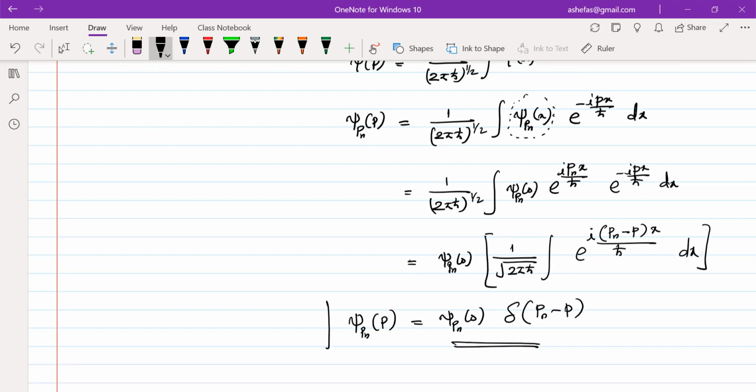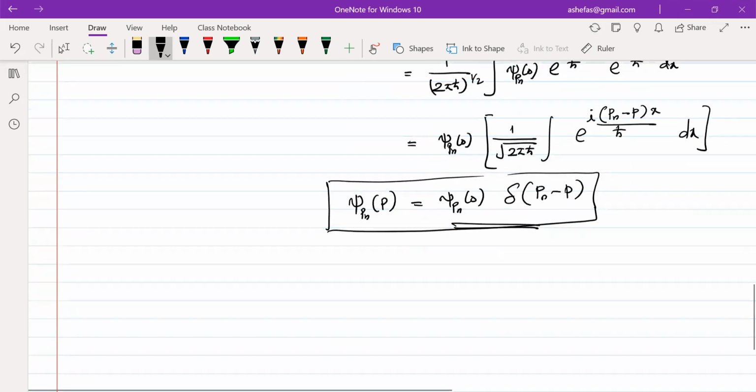So this is the representation of the momentum eigenfunction psi Pn of x in the momentum basis. It is a Dirac delta function, which means it is equal to 0 when Pn is not equal to p. So that means this wave function has a value only when p equals Pn.